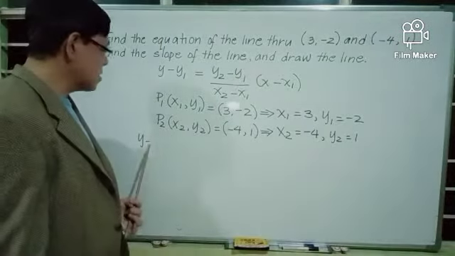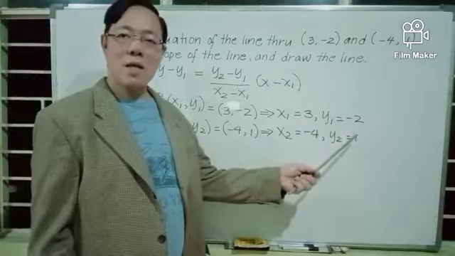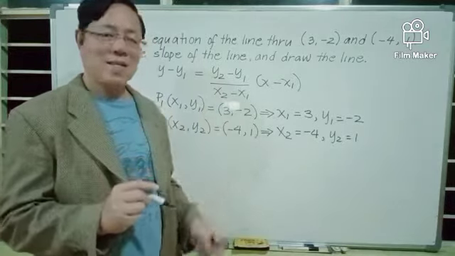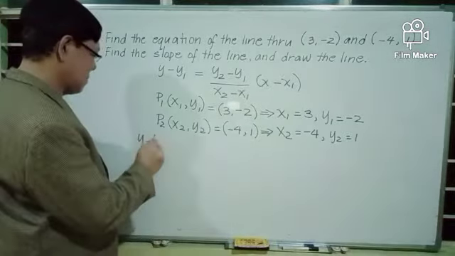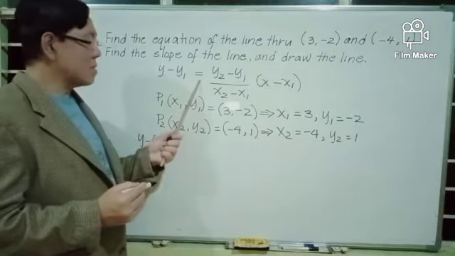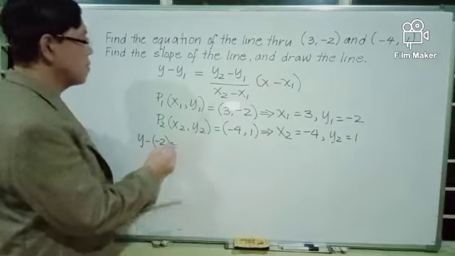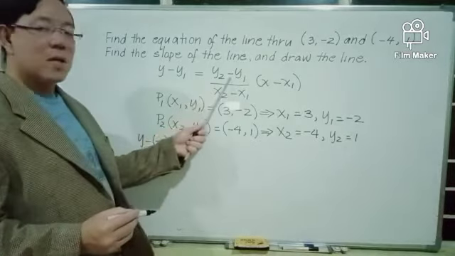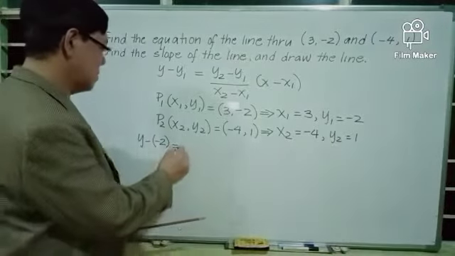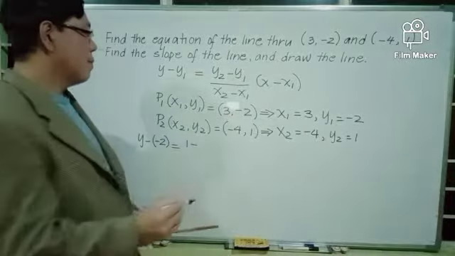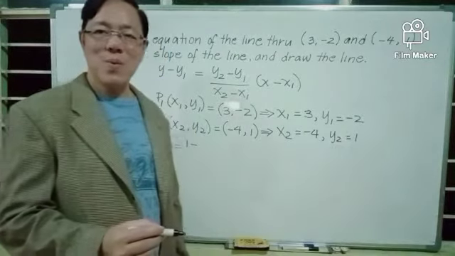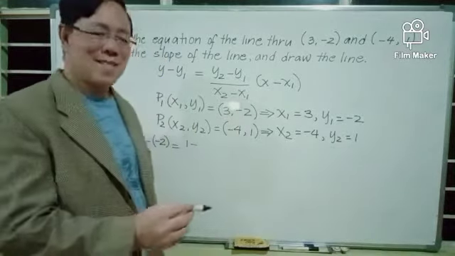Since we have minus here and our y1 is negative 2, we write negative 2 in open close parentheses. At the right hand side, we have y2 minus y1. y2 is 1 minus y1 is negative 2. Again, we write negative 2 in open close parentheses.